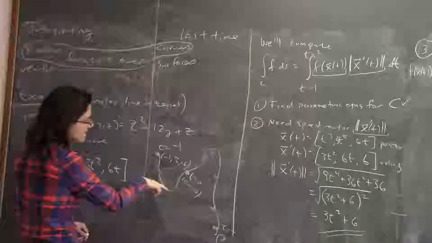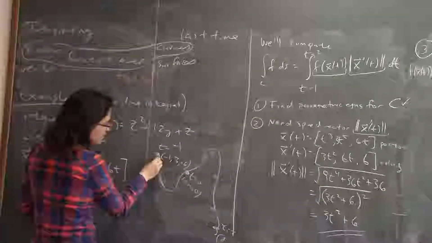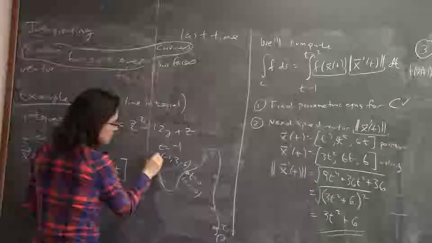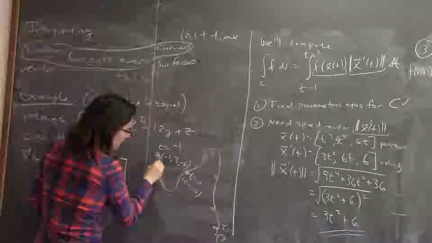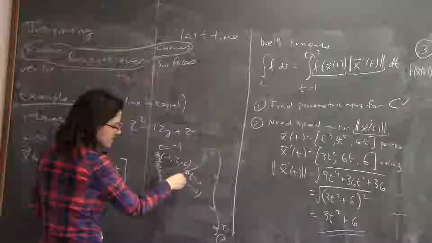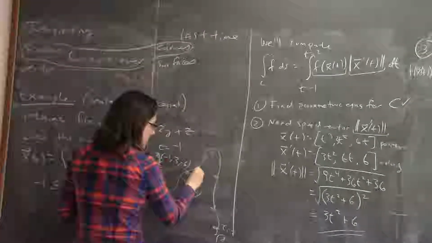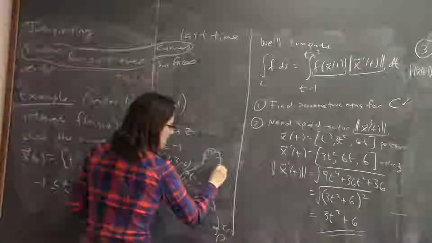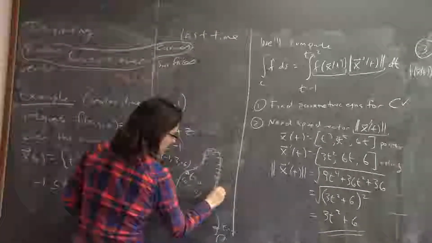At the beginning, when t is negative, it's negative, so it's 6 times t. So at the beginning, the function value is negative 6, and then the function value gets less and less negative. It's 0 at 0, and then it's positive afterwards. And it gets more and more positive as t gets higher.